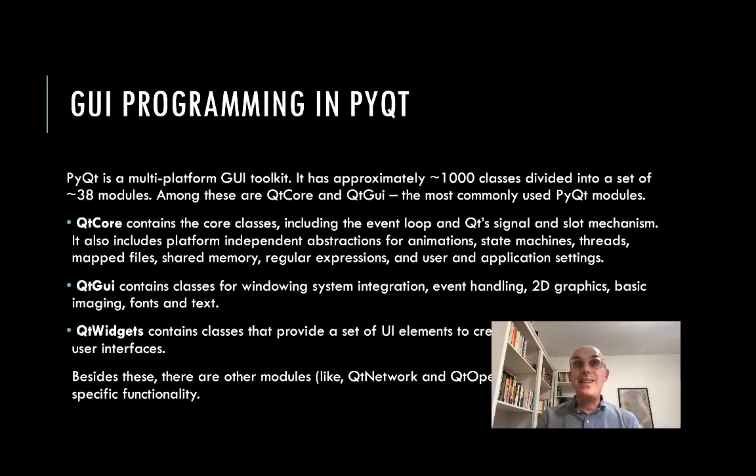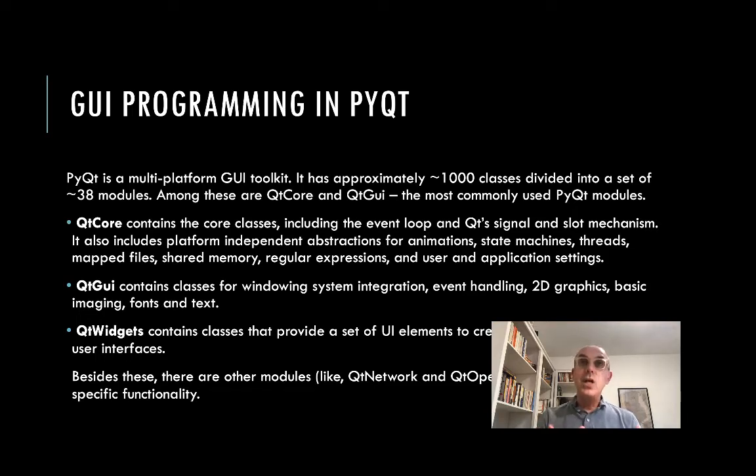And I will talk about that in the next few slides. The GUI contains classes for Windows system integration, event handling, 2D graphics based on imaging, font, and text. And the last one is the widgets, which contain classes that provide a set of UI elements.